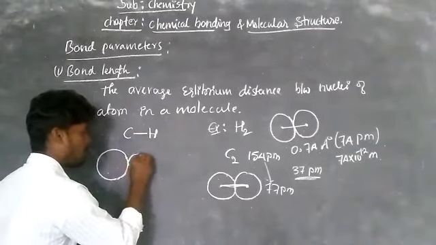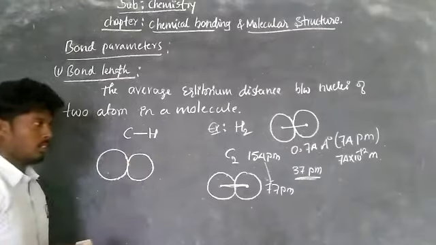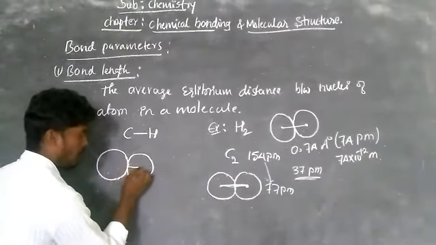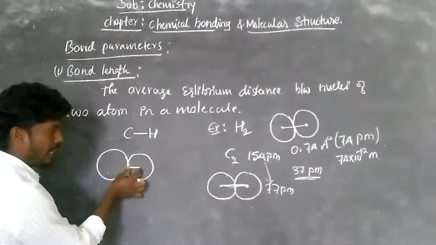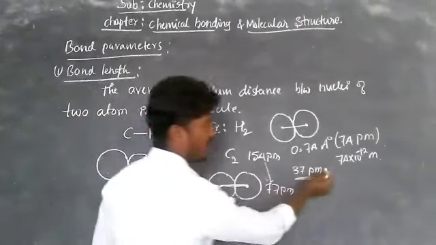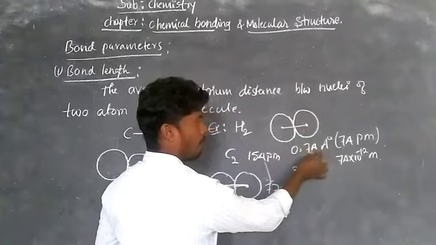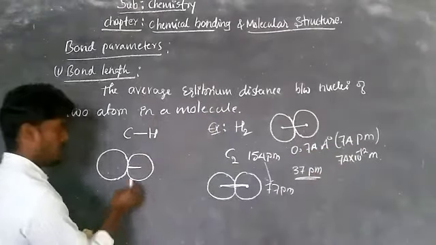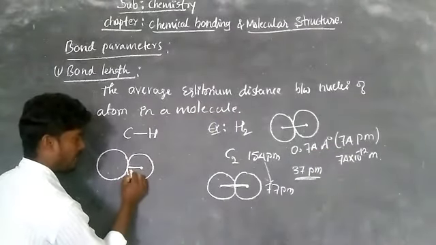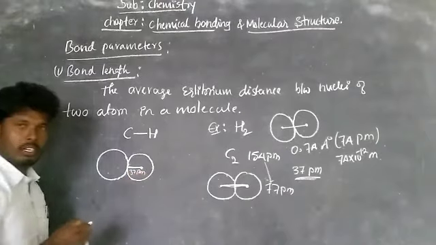Its atomic number is 1, so its size is small. Now what is the radius of the hydrogen atom? It is 37 picometer, this much. In total we call it 0.74 or 74 picometer. So this is 37 picometer. Understand?